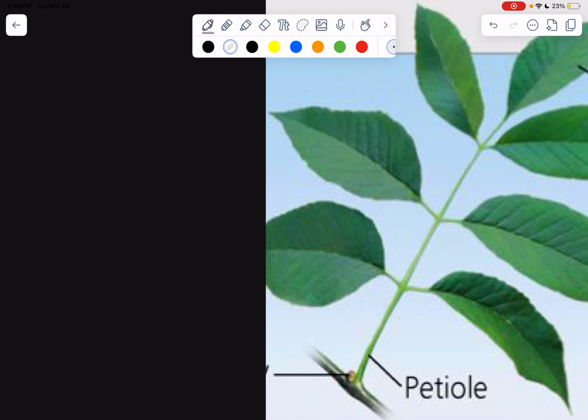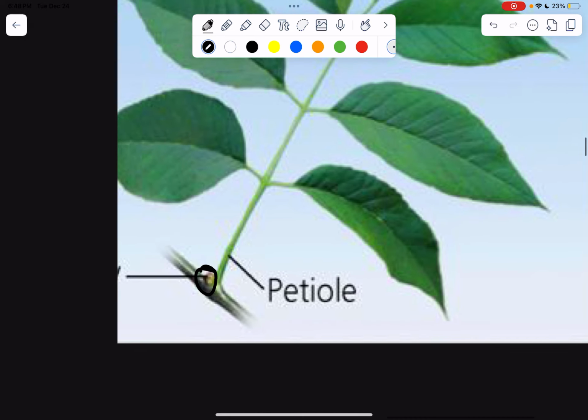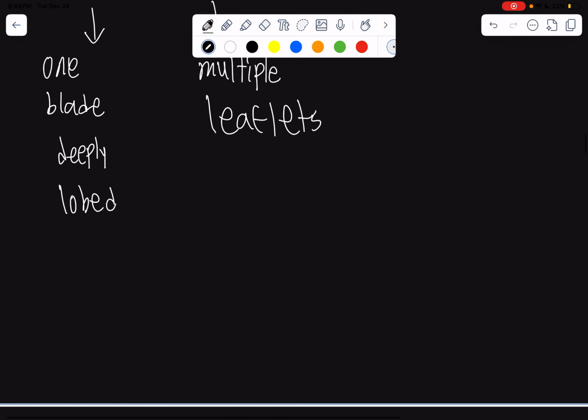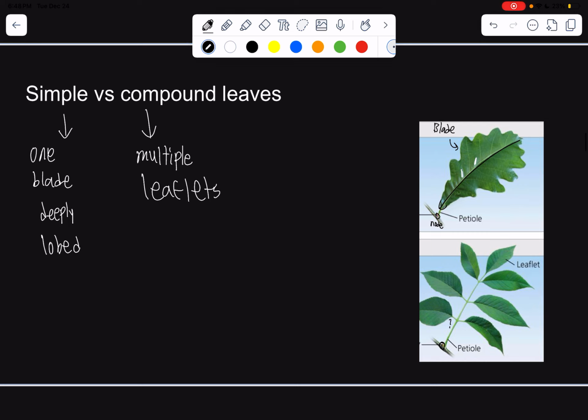How you can tell compound leaves from simple leaves is that when you see here, there's an axillary bud here. There's no such thing here. Where's our axillary bud? That's how we know each leaf is a leaflet versus a true leaf. And notably, each leaflet, although it's relatively simple here, could be divided into even more leaflets. So the main difference is that simple is one blade and compound has multiple leaflets, and those leaflets are different from true leaves in that they don't have axillary buds.